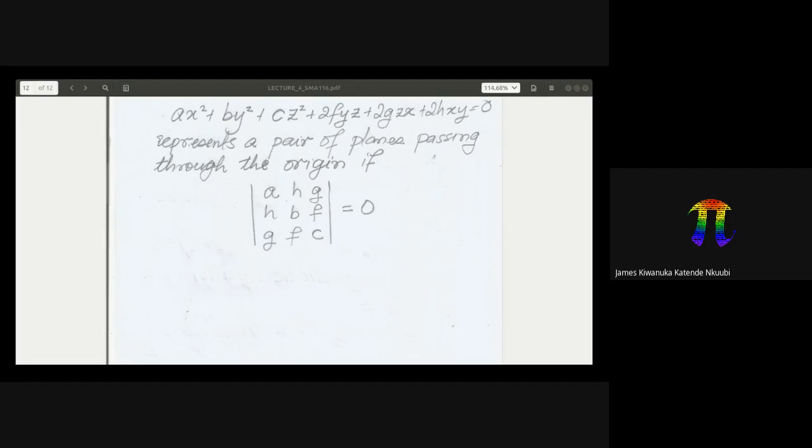So I'll be sharing the notes in a minute. Then you'll have a chance to read them again. But you really have to pay attention in class, and also once you get the notes, read them. Not just reading them, you read and try to solve the problems that are in the notes. That's the best way to do this. Like I told you, there's no way you can learn maths by staring.